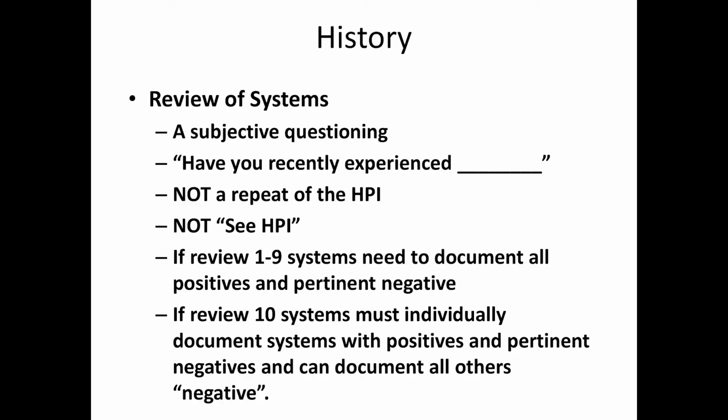99204, I'm going to pick on. 99204 requires that you perform, document, and have been medically necessary, 10 systems. 10 systems. Look at that list. 99204, you need to have performed and documented and argue and defend the fact that it was necessary, 10 systems.